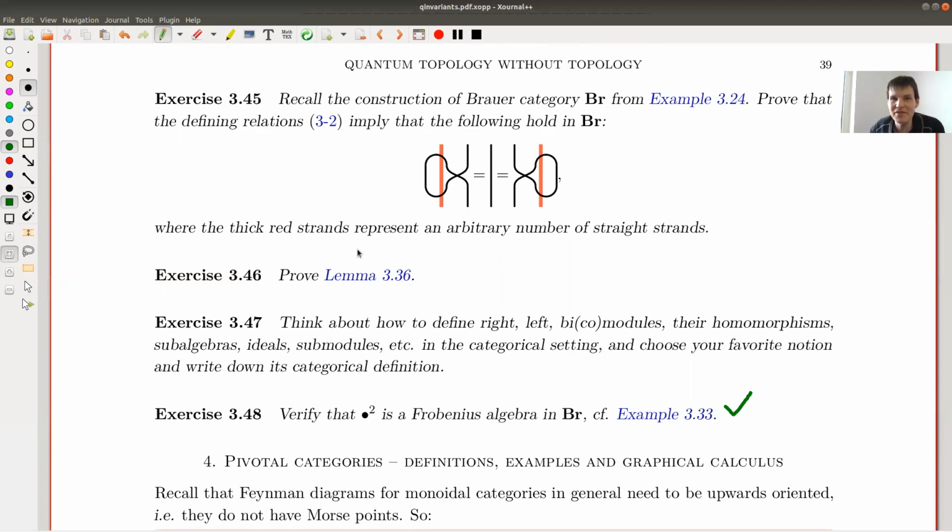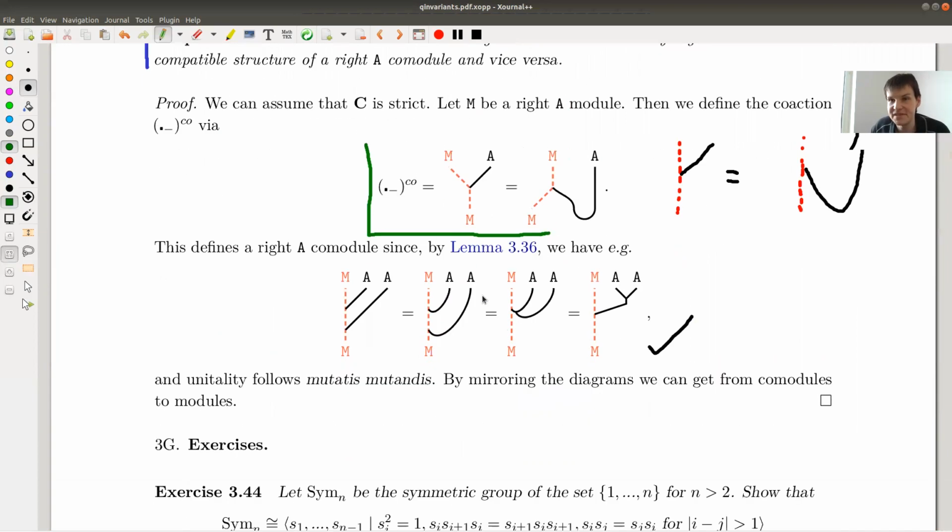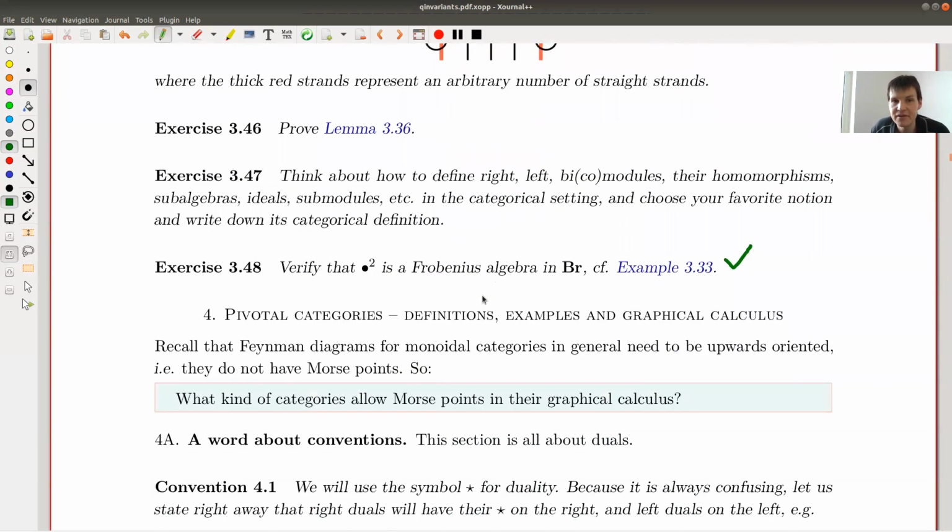It's exactly what you think you should do. This is a co-action, and the co-action just looks like a co-multiplication with one fixed strand, and so on and so on. A module in this setup is, in general, nothing fancy. It's just the algebra itself, basically, but now you're not allowed to move a certain thing anymore. That's all there is to it.